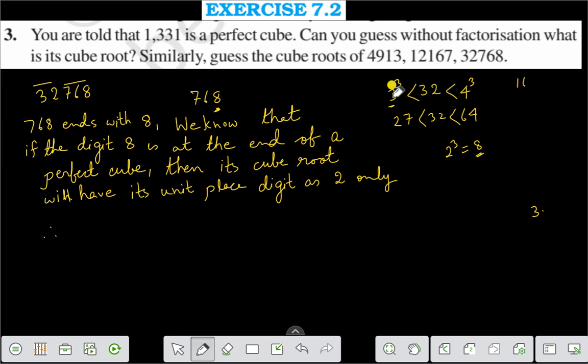Right. And here you see 32 is between 3 cube and 4 cube. The smaller number is 3.